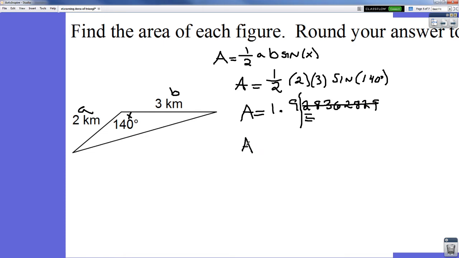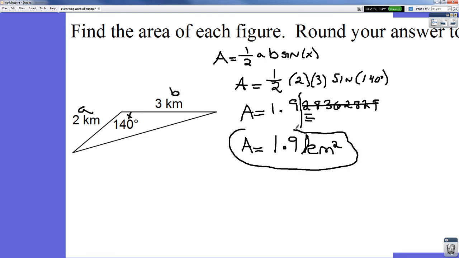And our area is 1.9. And we talked about units for area before. If the length is a particular unit, the area is that unit squared. So we've got kilometers for our length. And so here is kilometers squared. And that is our area. So, I mean, that's all there is to it.